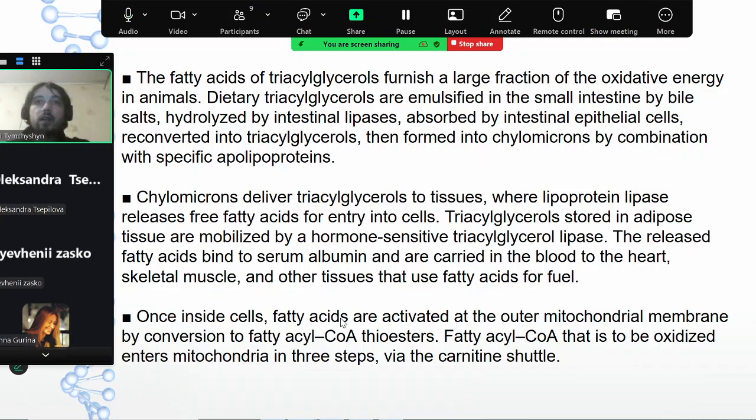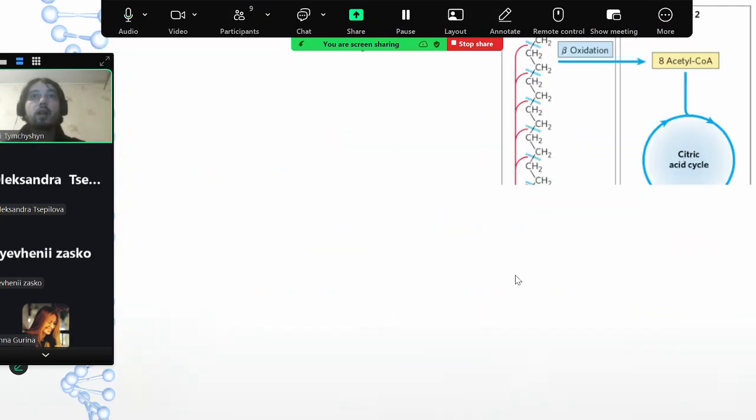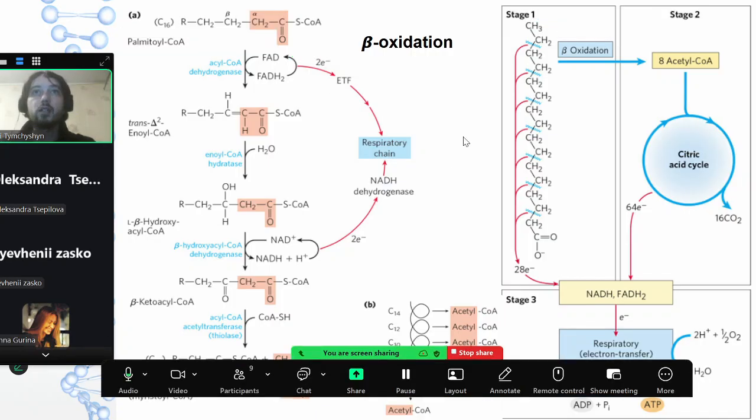Once inside the cells, fatty acids are activated at the outer mitochondrial membrane by conversion to fatty acyl-CoA thioesters. These acyl-CoAs enter mitochondria through the 3 steps of the carnitine shuttle, and then the oxidation begins.